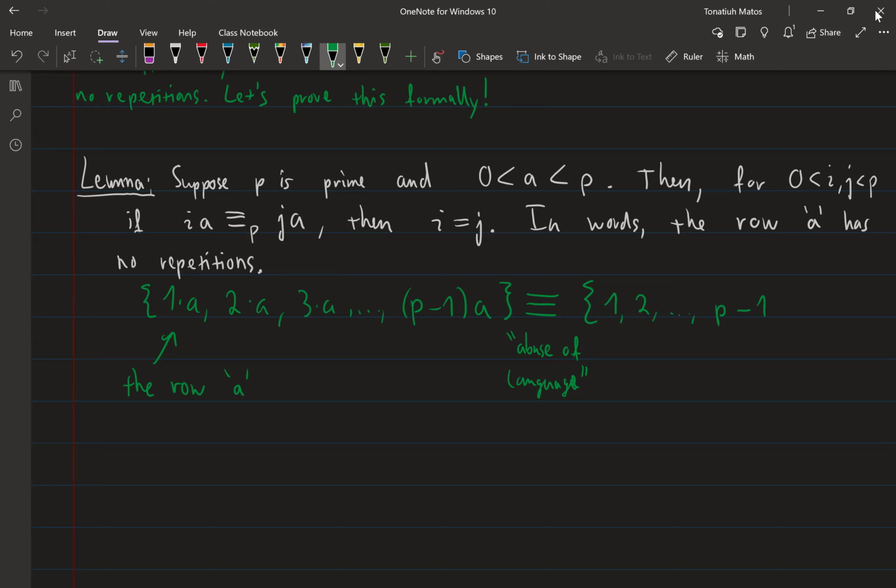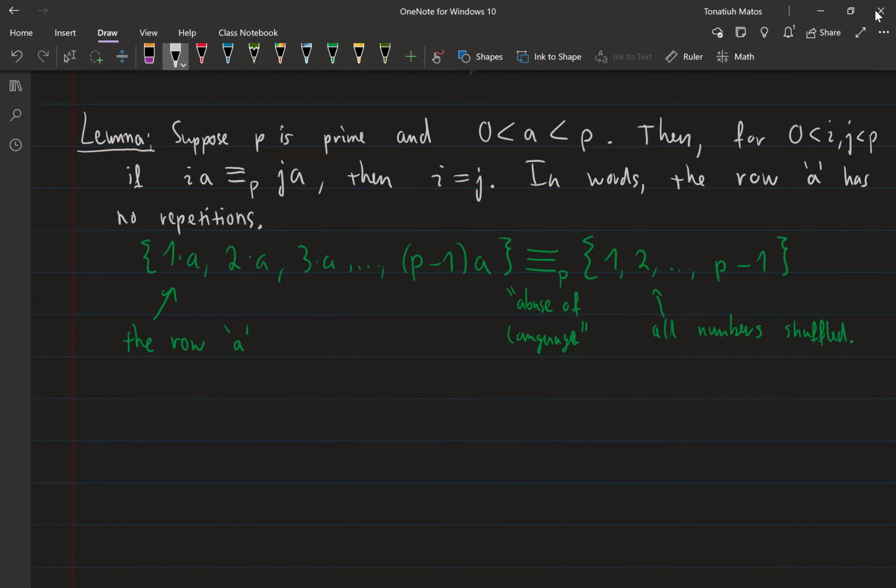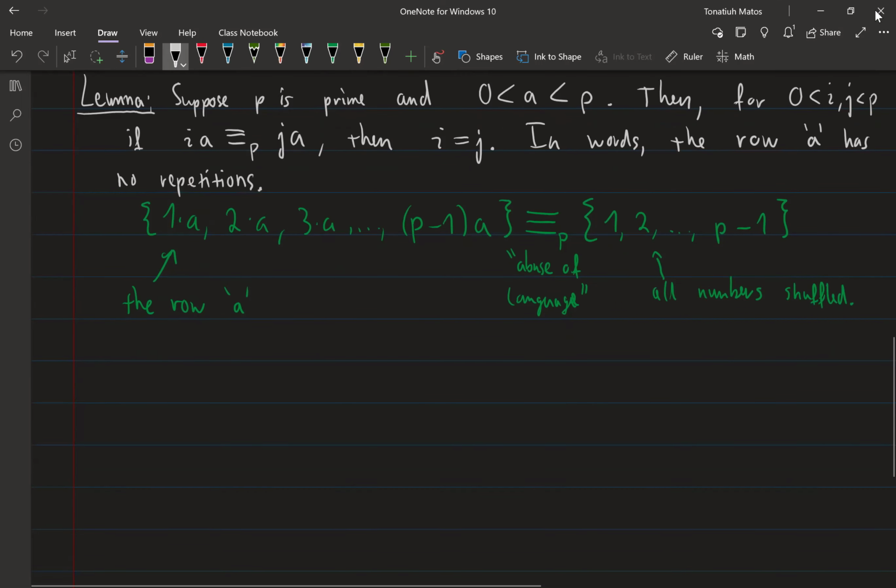So this is why I'm writing these as sets. They might be in a different order, and I do have to reduce mod P, but I think this is clear from context, right? Two sets are equal, and the order doesn't matter in a set. So this is what I'm saying: shuffles. Maybe I'm adding too many details and you already know what I'm talking about, but hopefully this helps clarify what I'm saying. Let's prove the lemma.